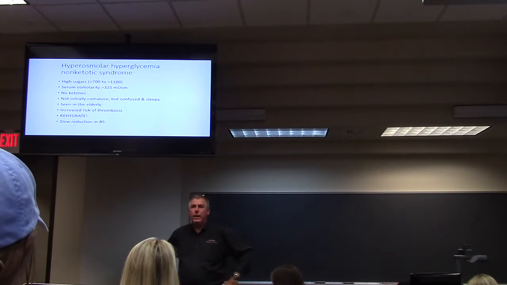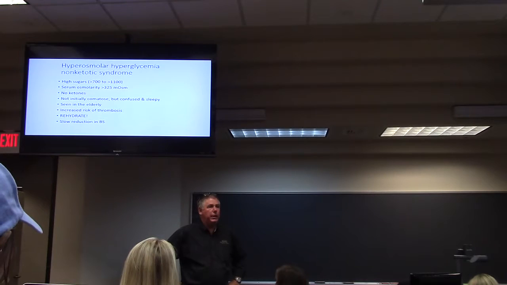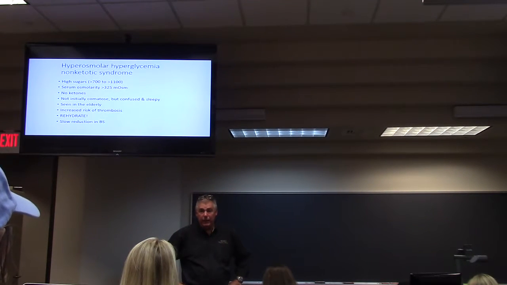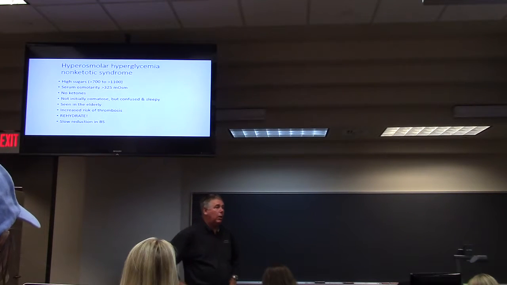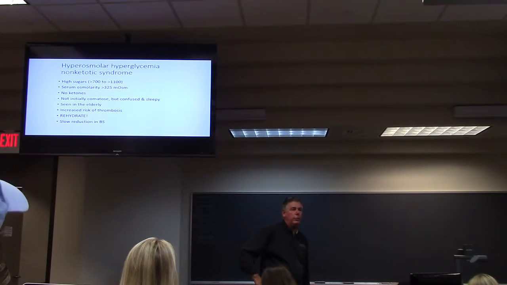If it won't read it, then realize you're dealing with somebody who is already in a hyperosmolar state. Now you need to start lowering the blood sugar, and there's a protocol to do that in the office and in the emergency room.